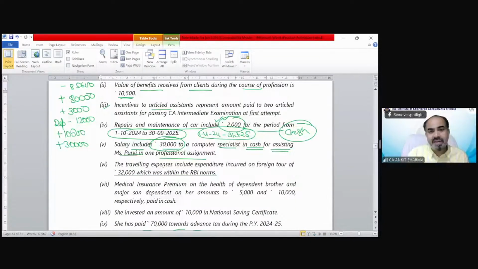Next is traveling expenditure includes expenditure incurred on a foreign tour of 32,000, which was within the RBI norms. So of course, if it is as per RBI norms, then we cannot disallow it. Medical insurance premium on the health of dependent, that is part of 80D. Investment amount of 10,000 National Savings Certificate, 80C.